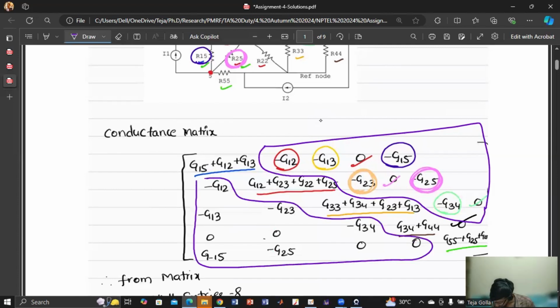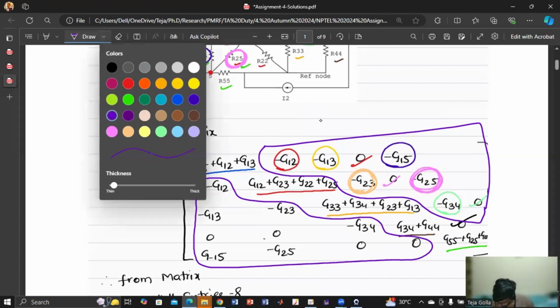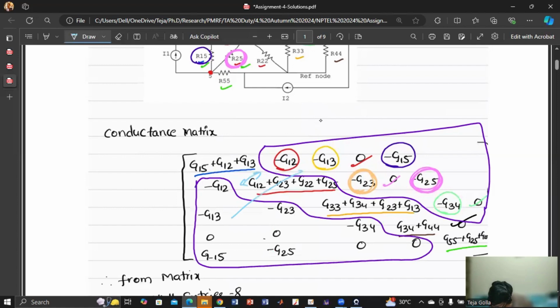So minus G12, G12, minus G13, G13, and then 0, 0, and here also 0, 0, and this one minus G34, minus G34, and then minus G23, minus G23, and then this 0, 0 is done. So minus G15 and G15, and minus G25 and G25. So that's how it is done.